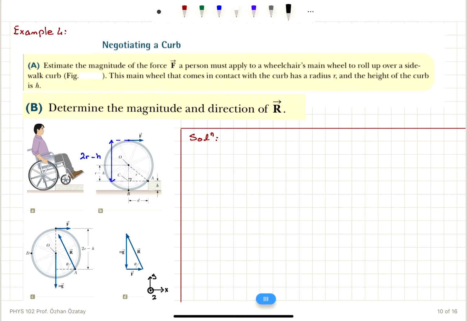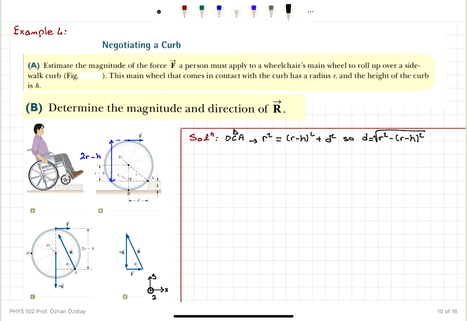From this OCA triangle, the Pythagorean theorem tells us that r squared, the hypotenuse squared, is equal to (r minus h) squared plus d squared, where d is the distance between point B and point A. So you can see that this is d. So d is equal to the square root of r squared minus (r minus h) squared.